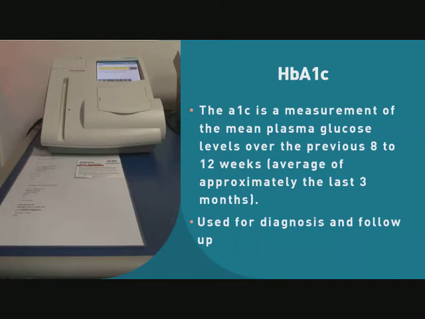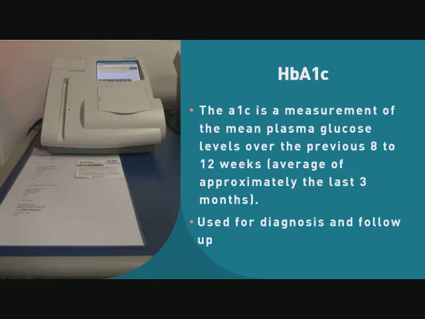And usually it's used for diagnosing a person, whether he's having diabetes or not. And it's usually on regular basis for follow-up, usually to know how a person is doing. Is he improving? Is the diet plan or the medications he's taking giving a good effect, or should we do another intervention?